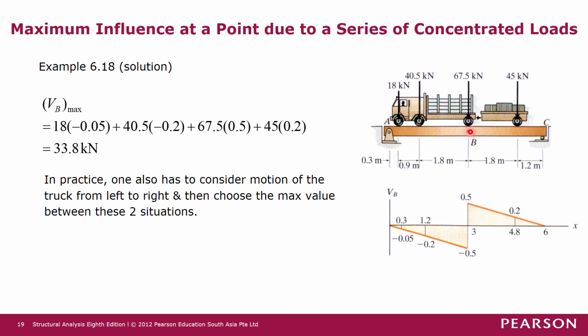So this will be the arrangement of load that will cause the maximum shear force at point B. The value will be just the force multiplied by the ordinate on the influence line function.